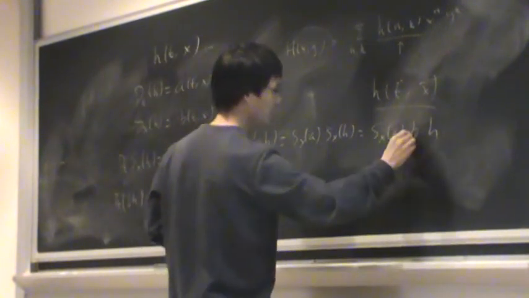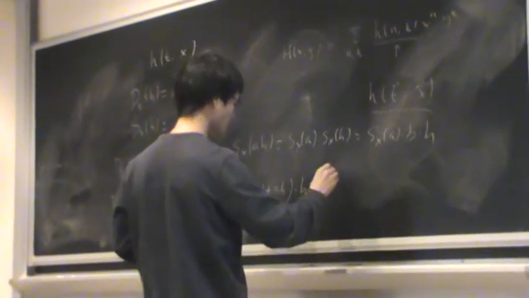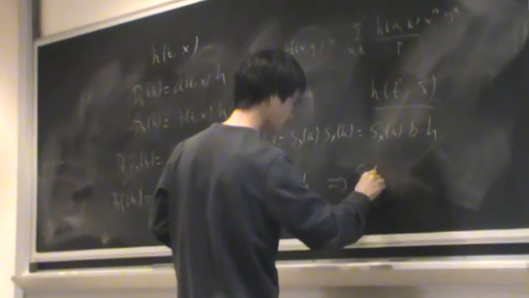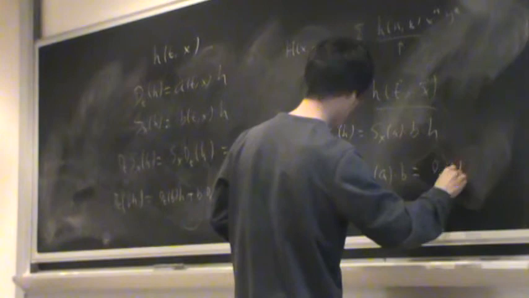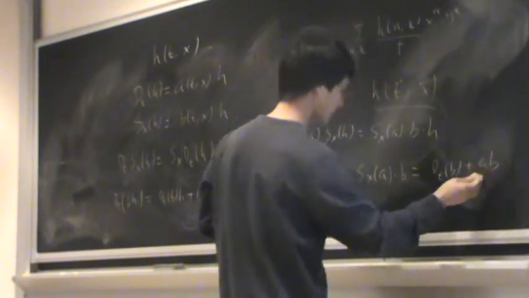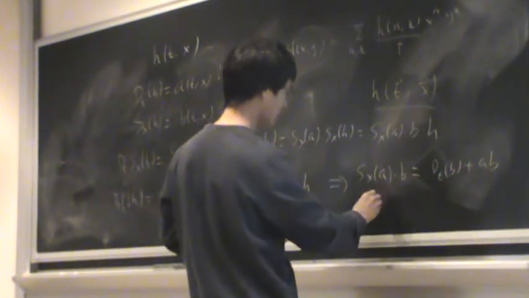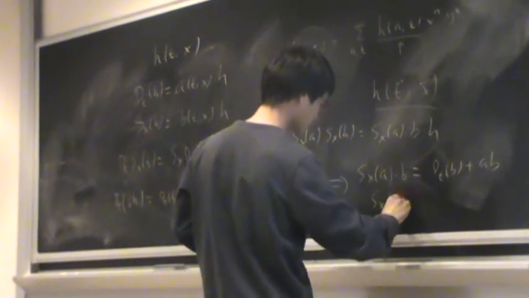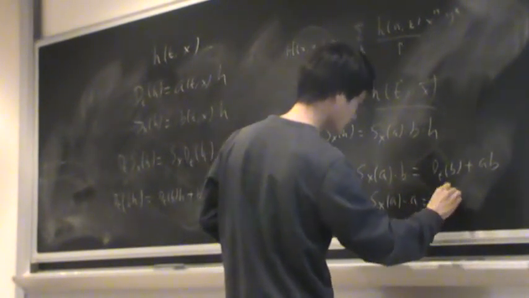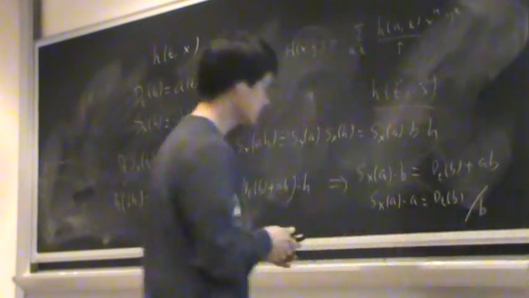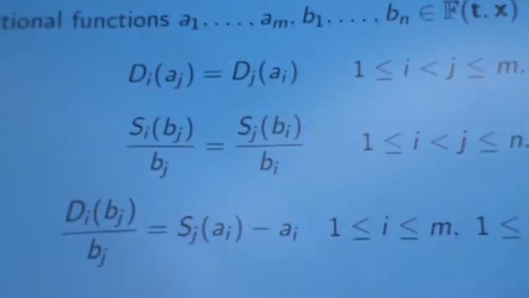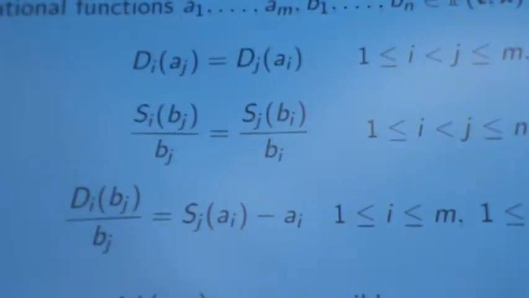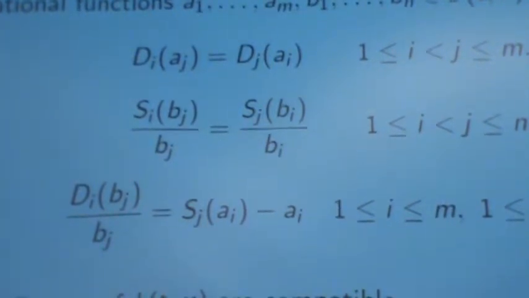Because they are equal, and I usually assume that h is non-zero, you get this, and you move this to here, and then you get this. This is exactly one of the compatibility conditions here. You can also derive this from this and this. So this is the compatibility condition for certificates.